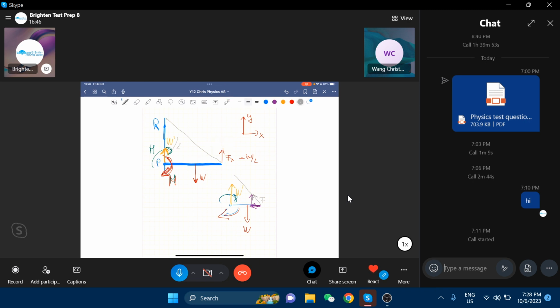And of course, the green one, sorry, that went a bit too fast. The green one, of course, goes counter. Counterclockwise. This one will create another counterclockwise force.